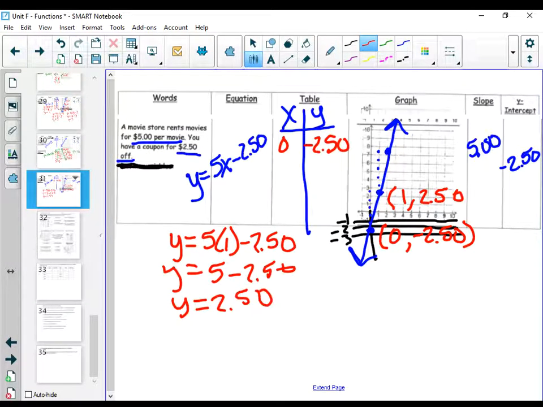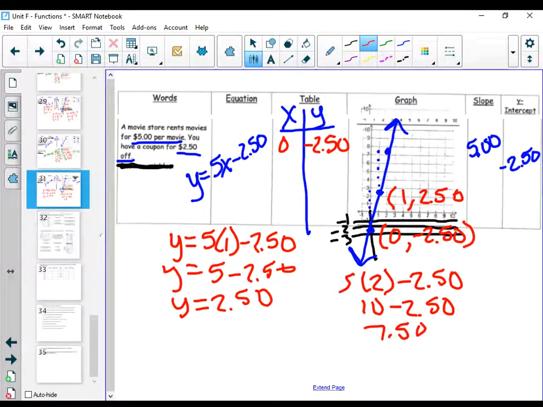For two movies, that would be easy to count by fives. 5 times 2, that would make 10, but I get to take off 2.50 because I have a coupon. 10 minus 2.50 is 7.50, which corresponds exactly with my graph. I had 1, 2.50 and 2 at 7.50.